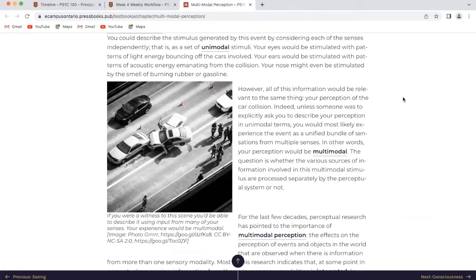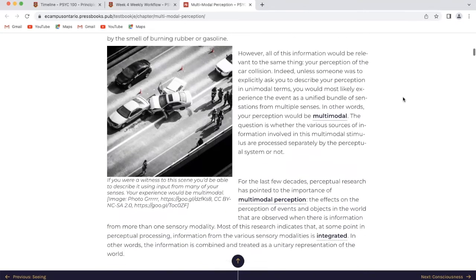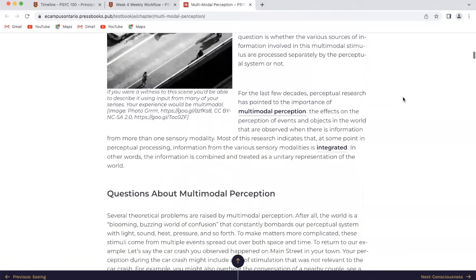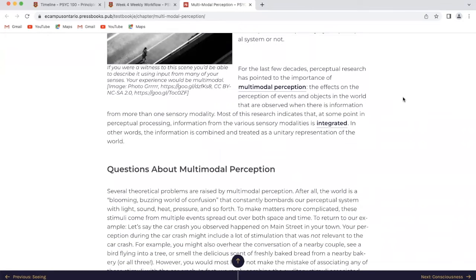The question is whether the various sources of information involved in this multimodal stimulus are processed separately by the perceptual system or not. For the last few decades, perceptual research has pointed to the importance of multimodal perception, the effects on the perception of events and objects in the world that are observed when there is information from more than one sensory modality.